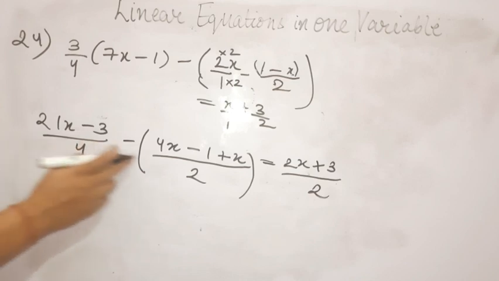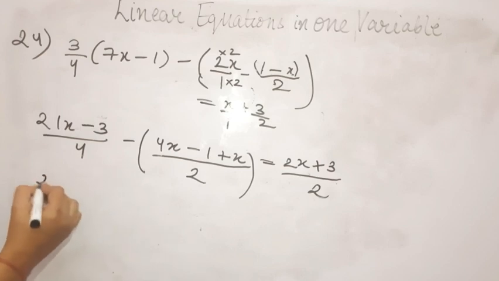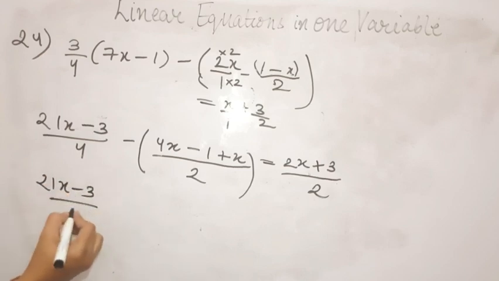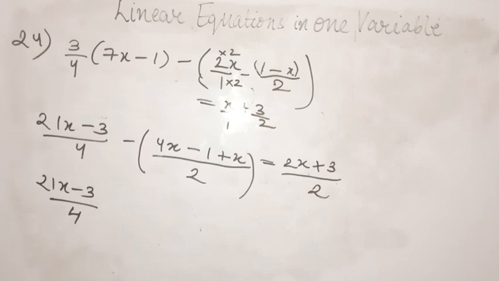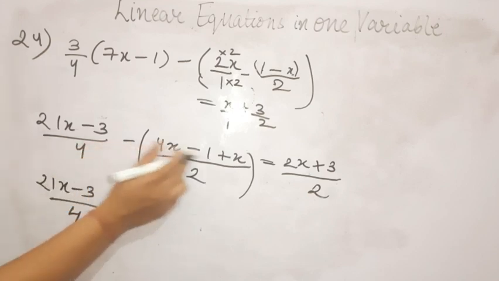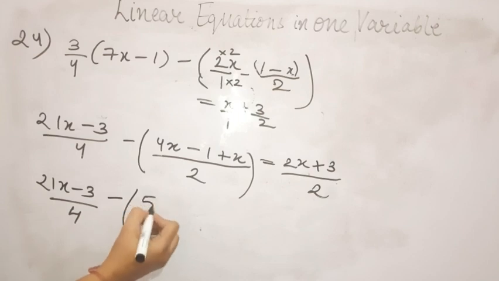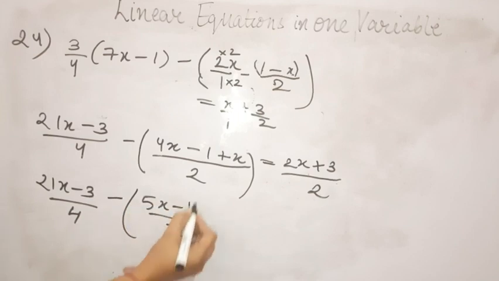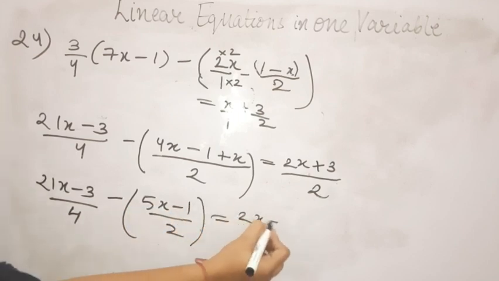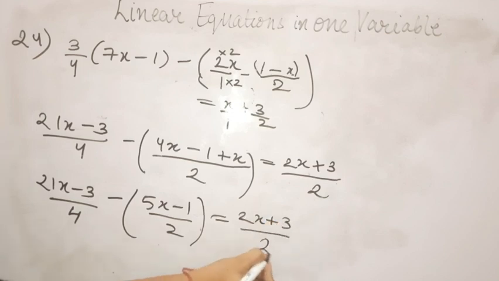Okay. So now 4x plus x, collecting the like terms together. Keep this term as it is. Okay. Now collecting the like terms together. So 4x plus x will be within bracket 5x minus 1 upon 2 is equal to 2x plus 3 upon 2. Now let me rub this step in order to proceed further.